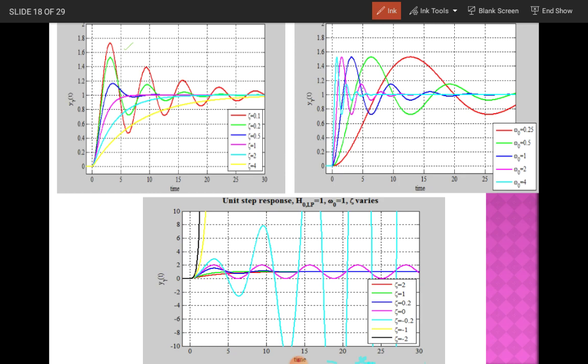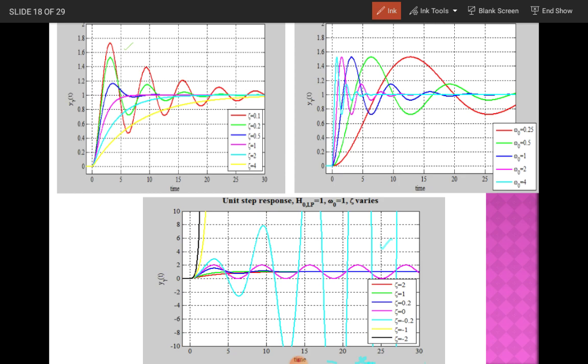So the second graph shows different values of delta, varying from 2 to -2. In some cases, for delta value equal to 0, you get a sustained oscillation with a constant magnitude. So here also you can vary the delta value.